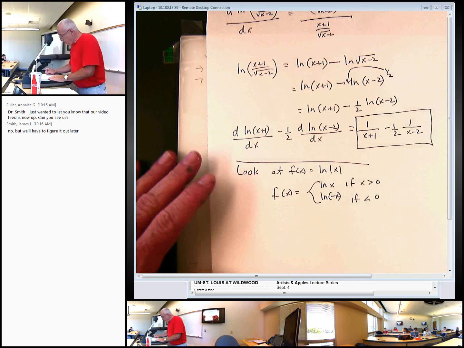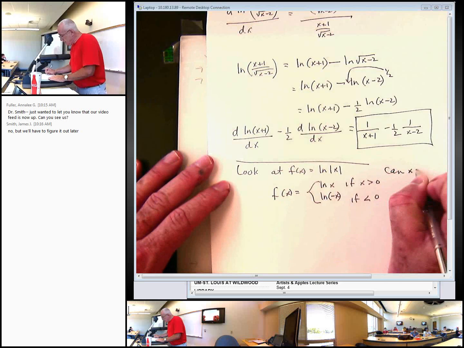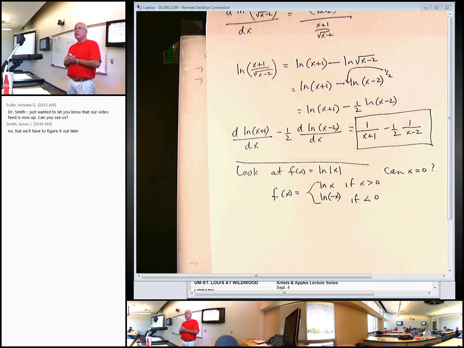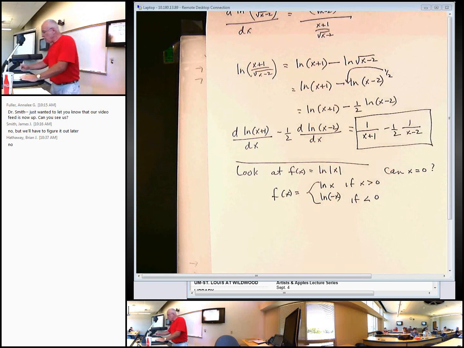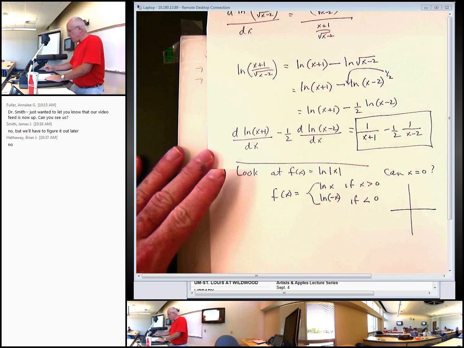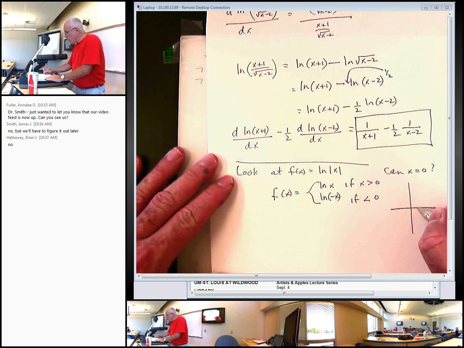Okay. Let me ask you a question here. Can x actually equal 0? Can we have the natural log of 0? No, we can't. Remember how this natural log function works, just this graph of it. Here's where x is equal to 1. It goes slowly up this way, then it goes down, down, down.